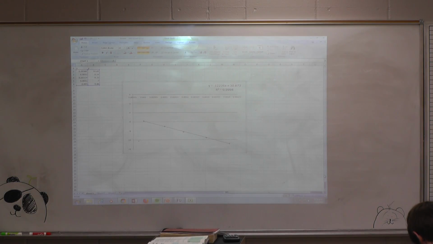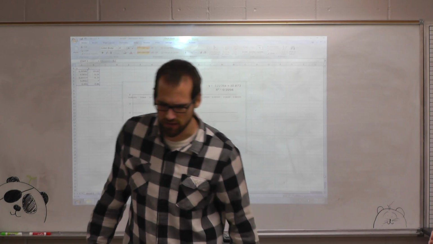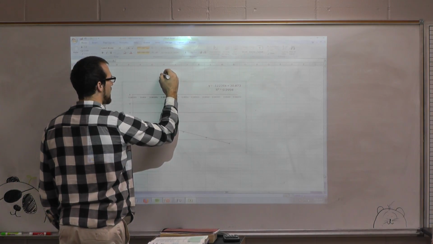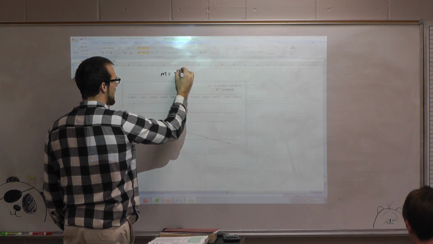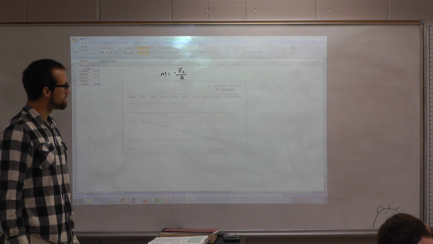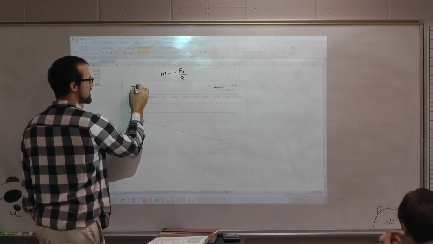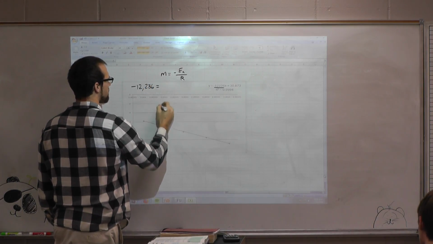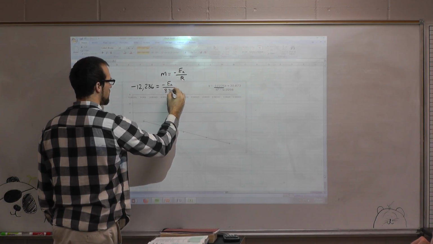Nice linear curve. If we want to find activation energy, which I believe is what we're trying to find here, your m, or your slope, equals negative Ea over R. So our slope in this equation is negative 12,236, negative Ea, and our R is 8.315.